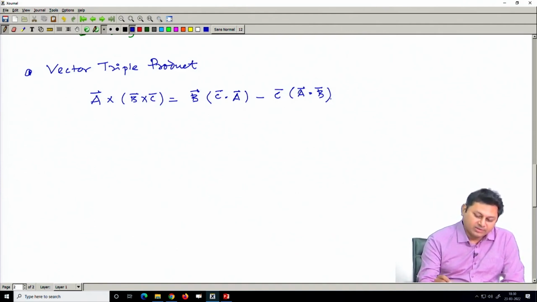On the right hand side, C dot A is a scalar, but it is multiplied with the vector B, and A dot B is a scalar which is multiplied with the vector C. So, the right hand side is also a vector quantity, which it should be.